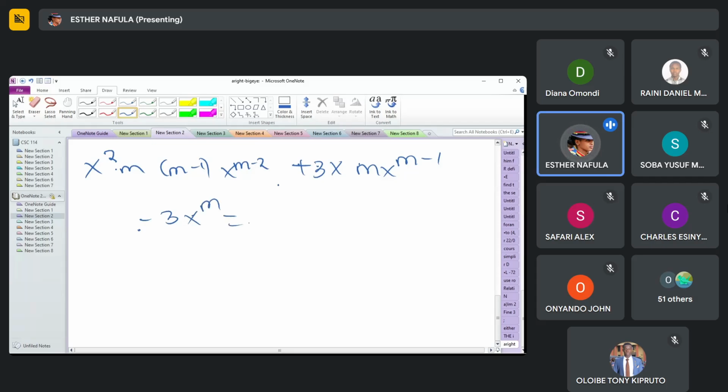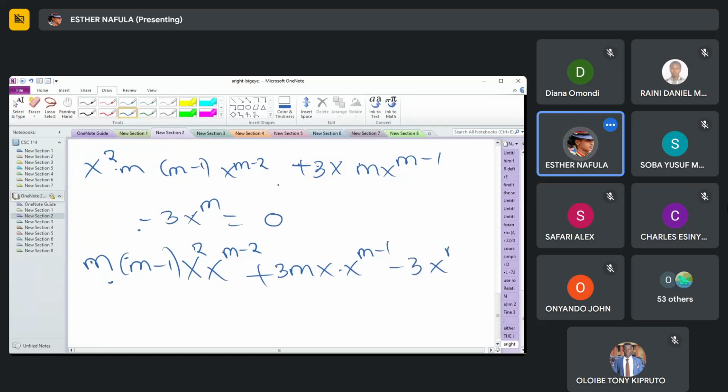We need this to be equal to 0. We group together the m's, so using exponential laws, m into m minus 1 times x squared x to the m minus 2 plus 3m x to the power 1 x to the m minus 1 minus 3 x to the m equals 0.